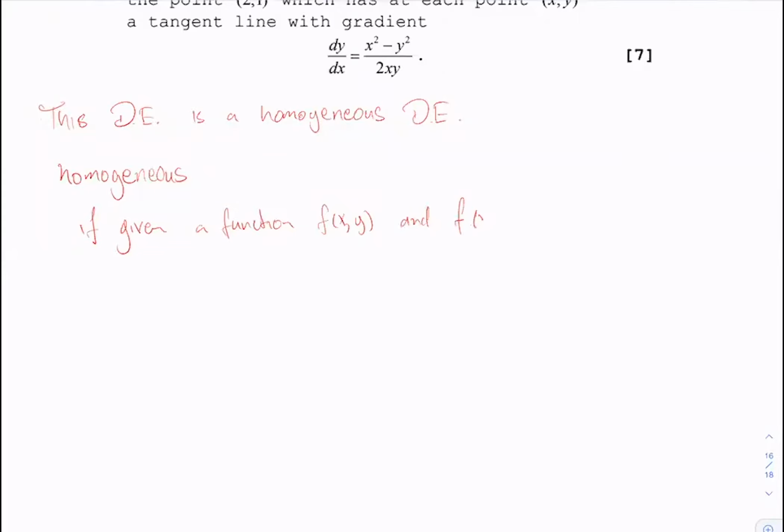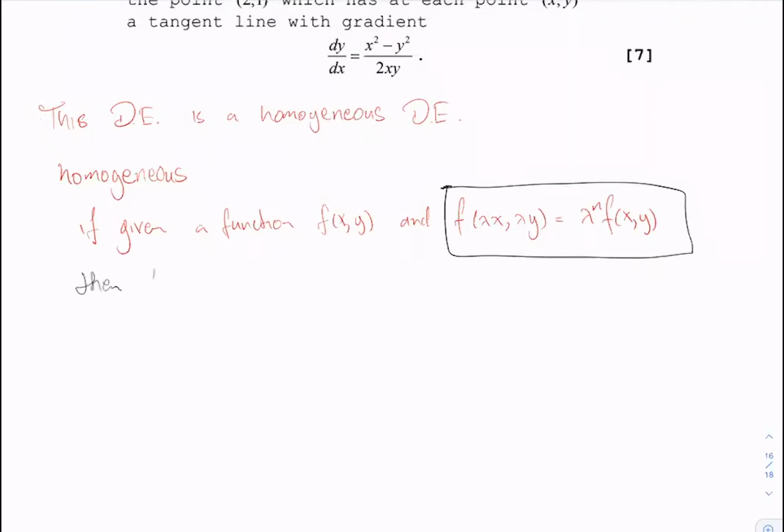Given a function f of x, y, if f of lambda times x, comma, lambda times y equals lambda raised to a power n times f of x, y, your original function, if this result is true, then your function is said to be a homogeneous function of degree n.